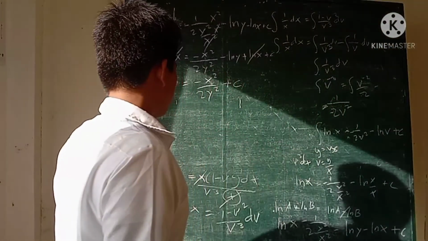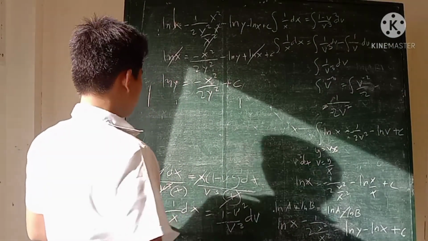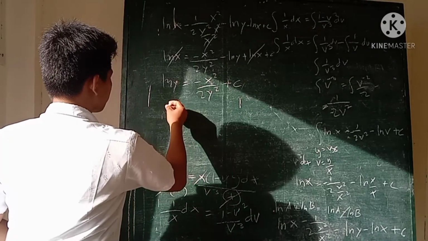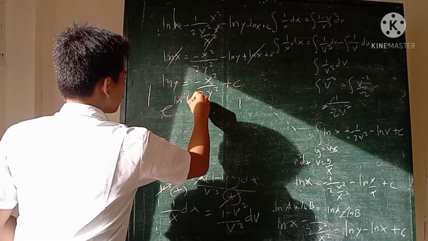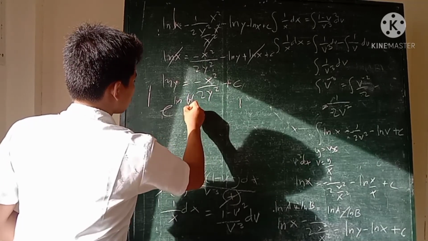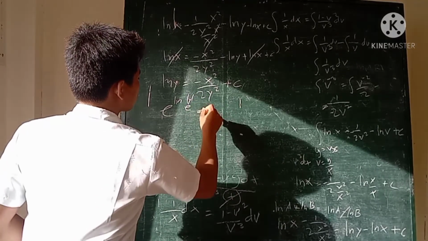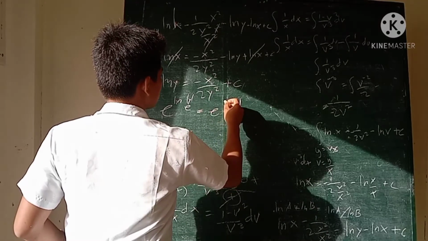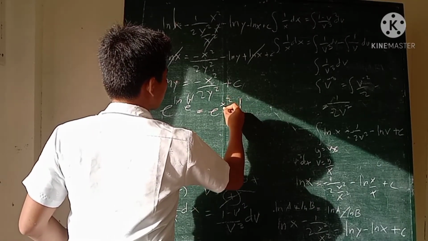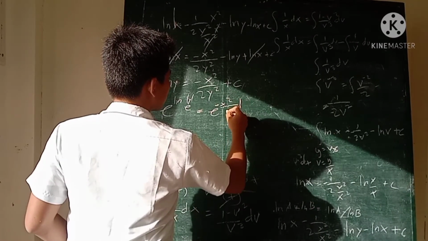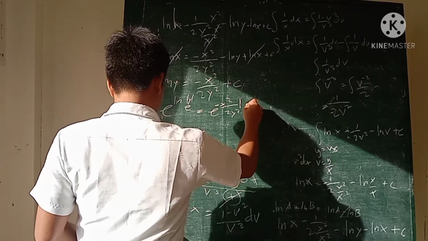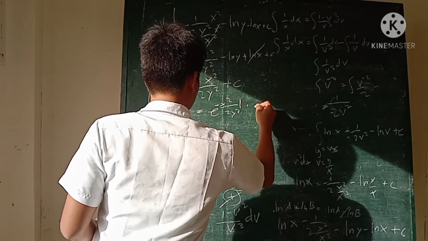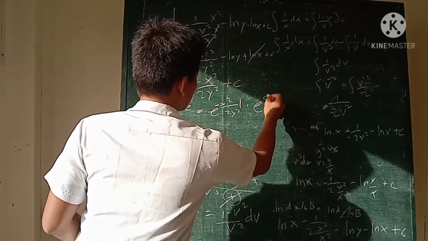So since ln y equals that, we raise both sides to the exponent of e. ln y equals negative x squared over 2y squared times ln c, raised to c.